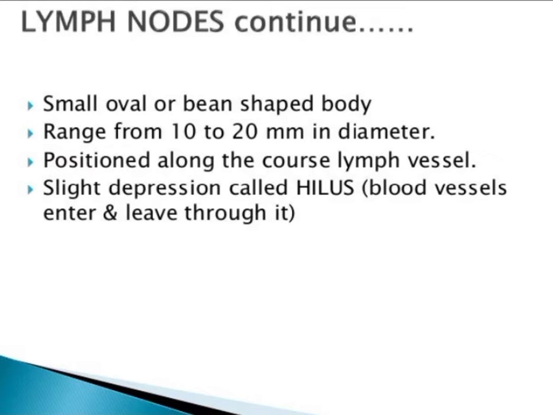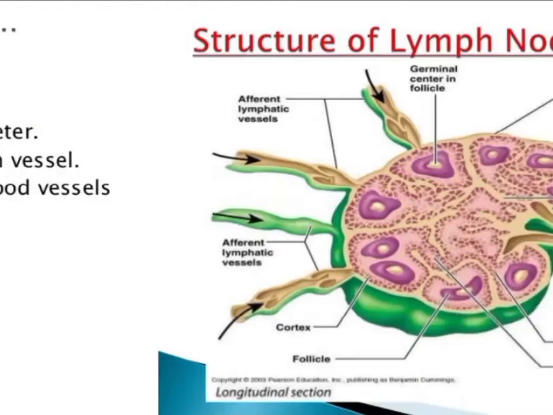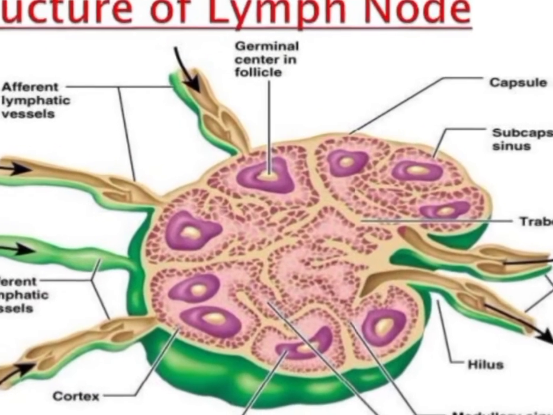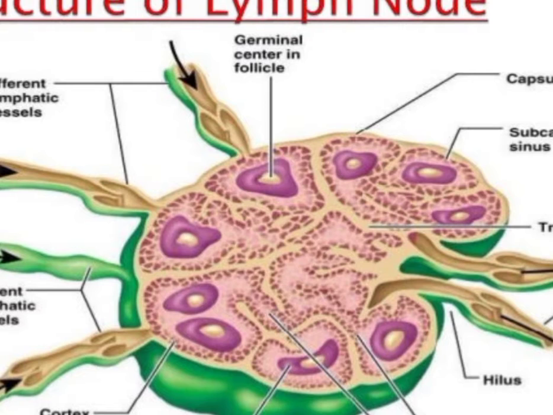In this slide, they are discussing the structure of lymph nodes. We can easily understand the structure by looking at the diagram displayed on the screen. Let me zoom in.